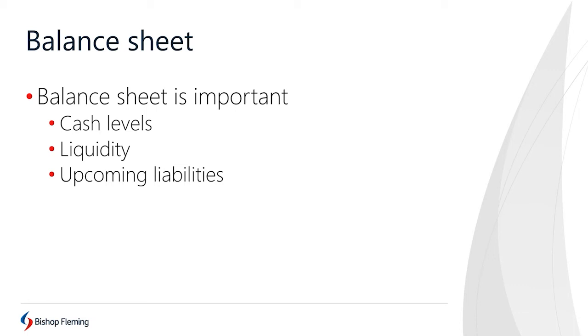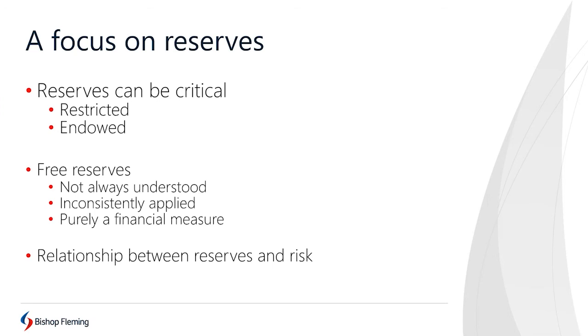So understanding your net current assets will give you a flavour as to your financial health at that point in time. As long as that's a positive figure and it's trending in the right direction, then things will probably be okay. But don't neglect the balance sheet. It's easy to focus on what your profit or your surplus is, but the balance sheet is also important. And the point I mentioned earlier about reserves.